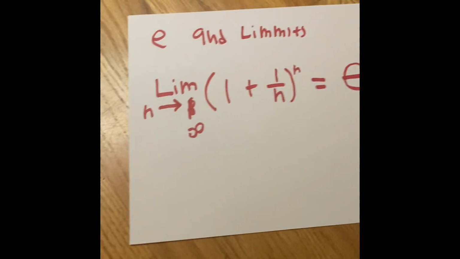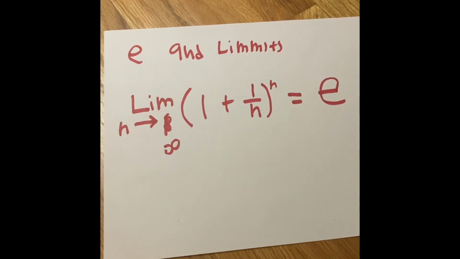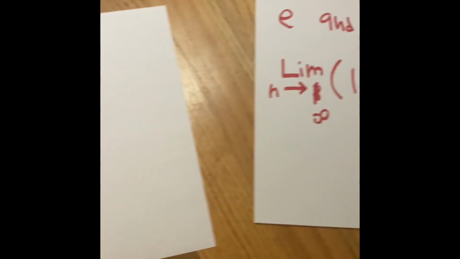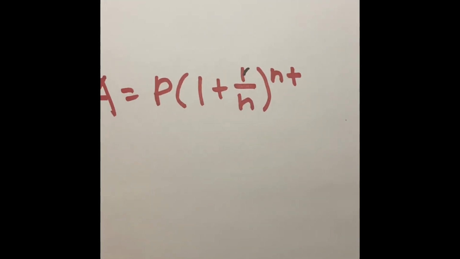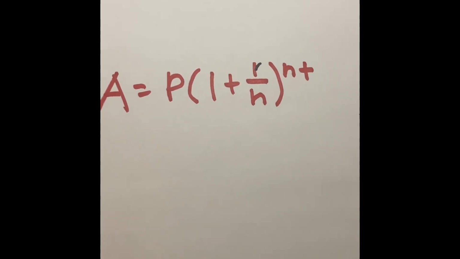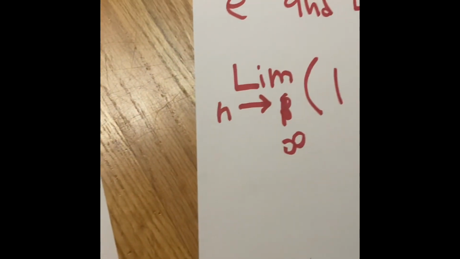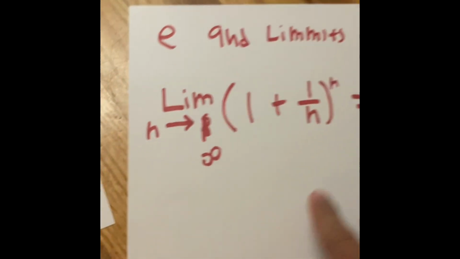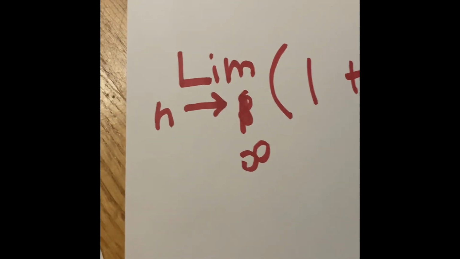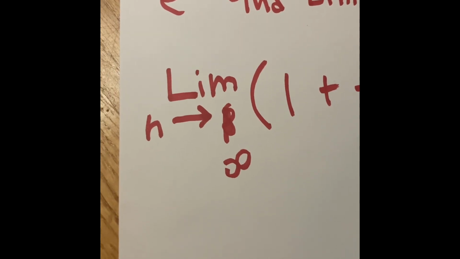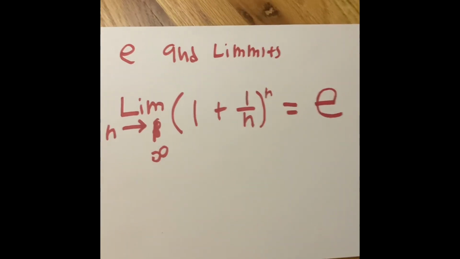The formula for e, 1 plus 1 divided by n, parentheses, exponent n, is basically the same thing as 1 plus r divided by n as a fraction, parentheses, nt. When you talk about the limit, in this equation you can put any number between negative infinity and positive infinity, and you can see how it grows.